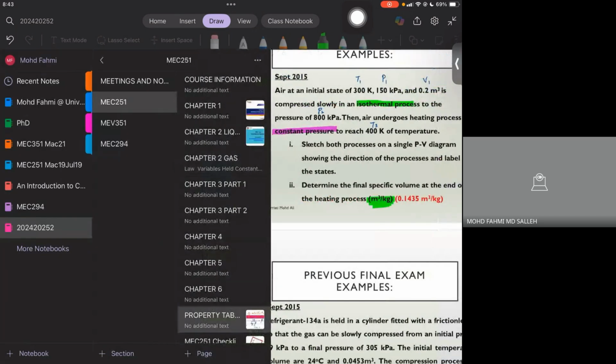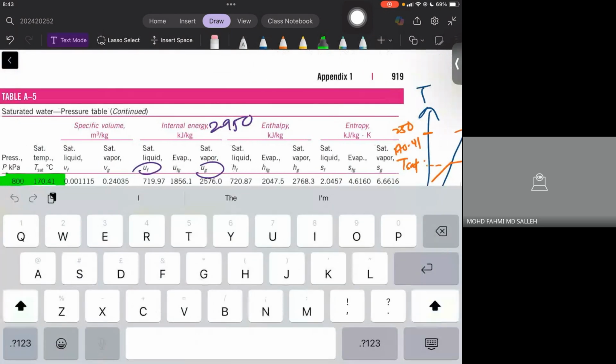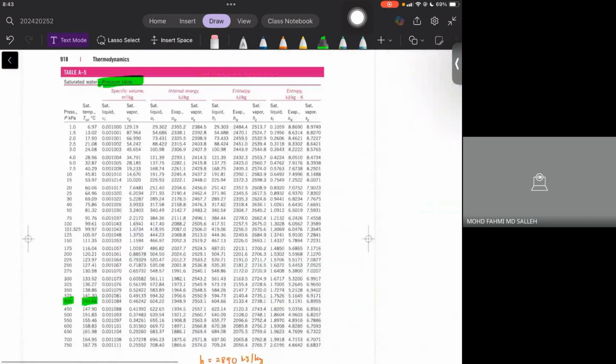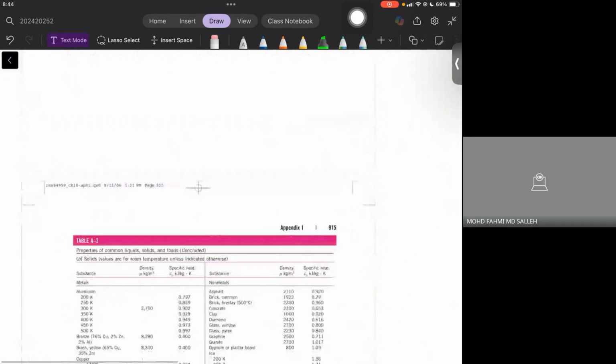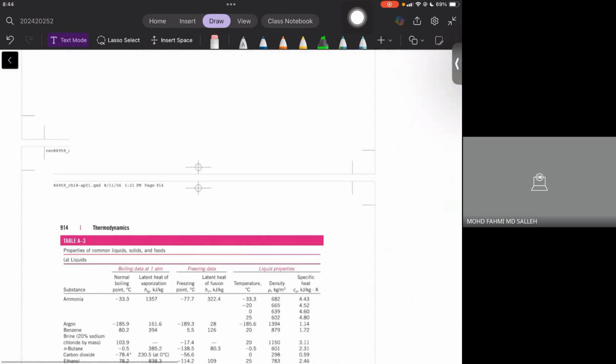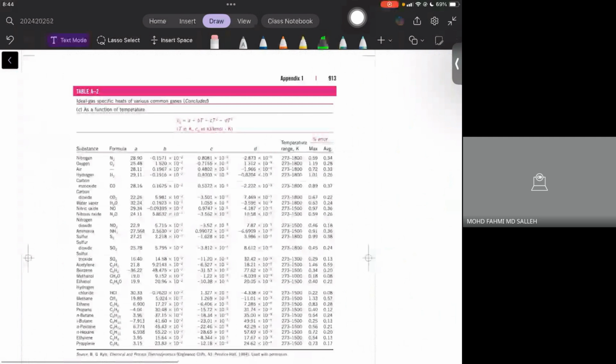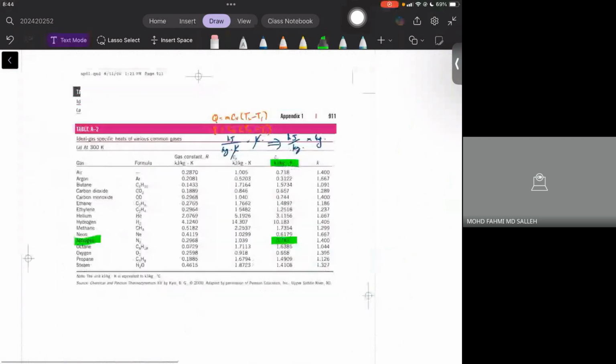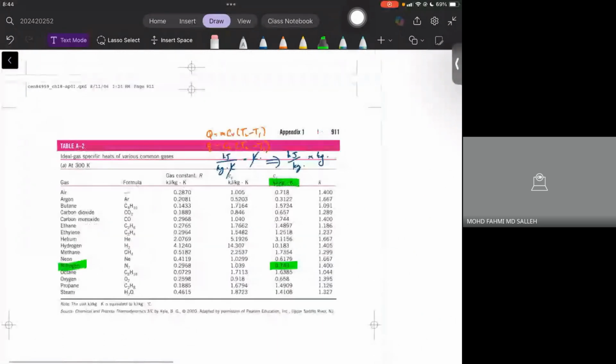You can just look into your property tables. You can go to table A2. So we have the gas air and we have the gas constant 0.287 kilojoule over kilogram Kelvin.